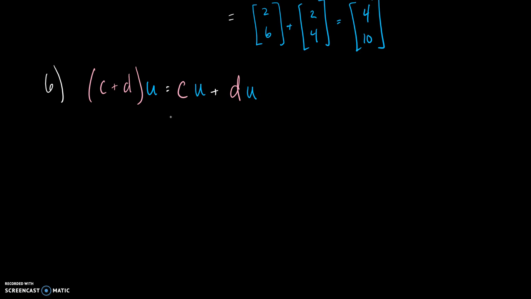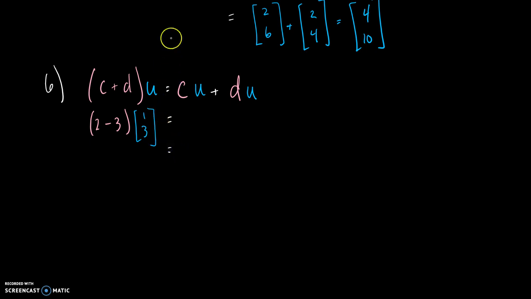I'll work with the left side of the equation this time. So that's 2, and D was negative 3, so that's minus 3, times U, which we said was (1, 3).